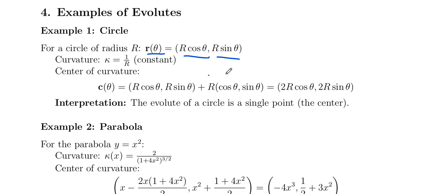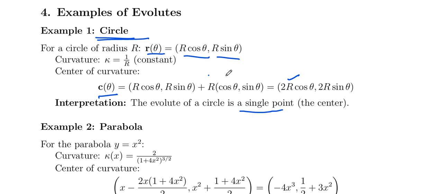The radius of curvature for this one is r. Multiply and just add both, and we get 2r cos theta and 2r sin theta. This is called the center of curvature for the circle. The evolute of the circle is a single point. That single point is called the center.